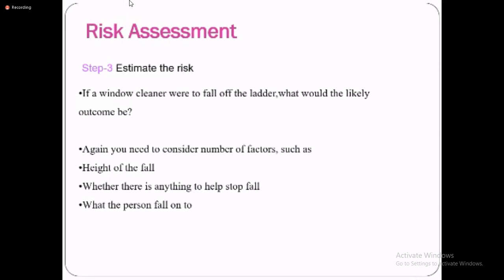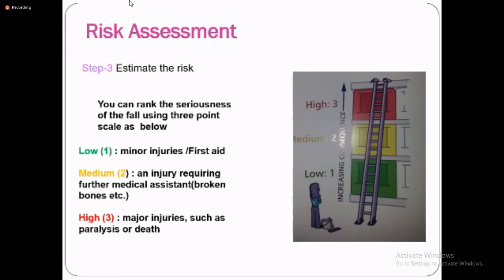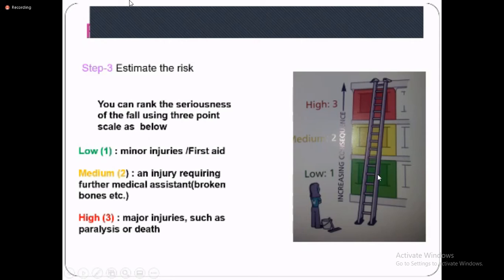For example, if you have some bouncing surface on the floor area and somebody falls, you will not get fatal injuries, those type of things, right? This is just for clarification only. For example, the first one is low. If you go to the second one, it is medium.